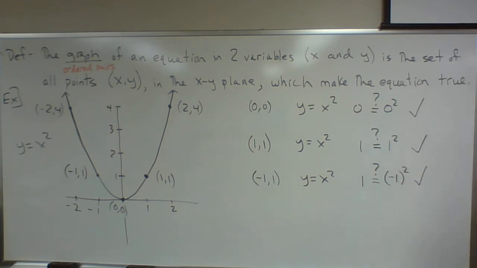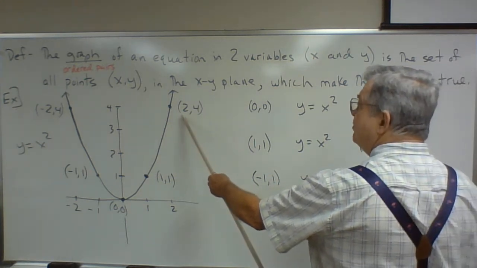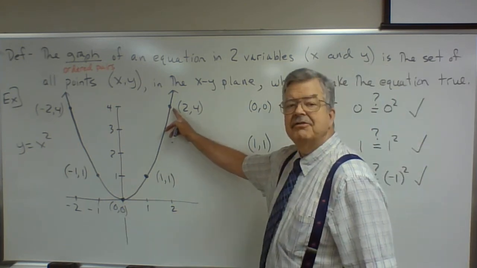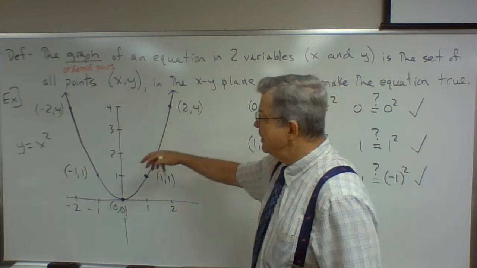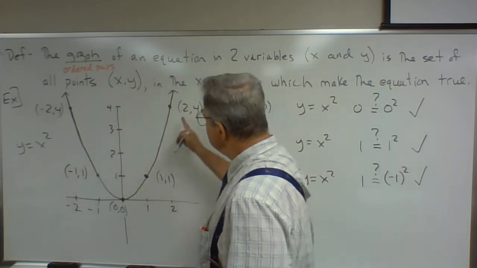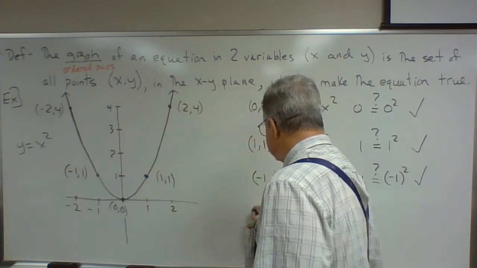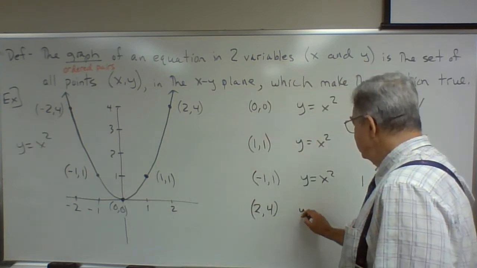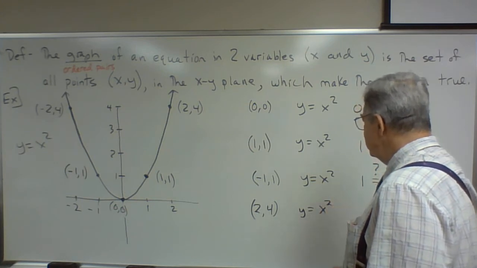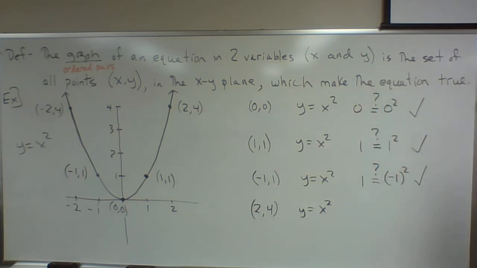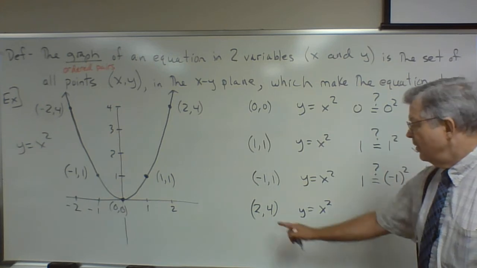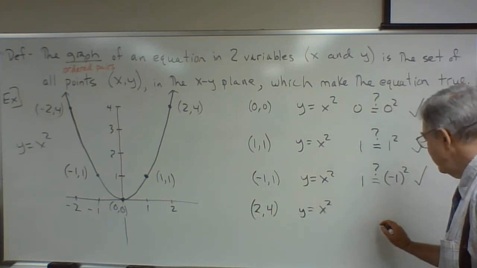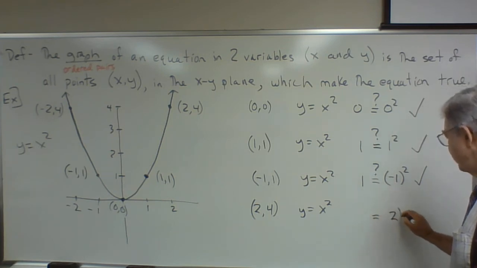That works. Let's take this point, which I say is on the graph, and I say the graph is the solution of the equation y equal x squared. Let's take this point. X equals 2 and y equals 4. Does that make the equation y equal x squared true? Well, let me take x equal 2 and substitute it in for x. So I'll have 2 squared.